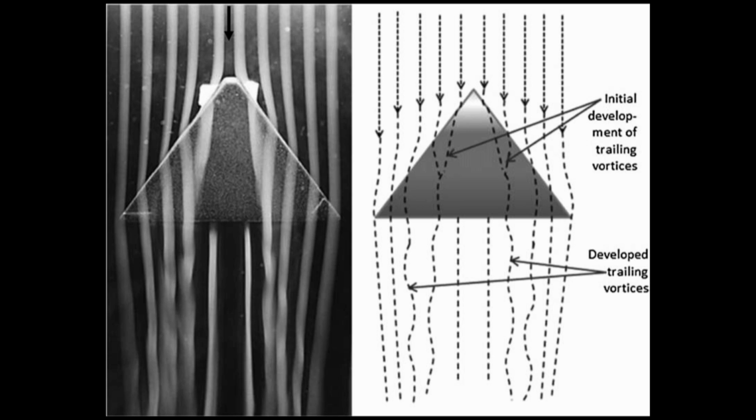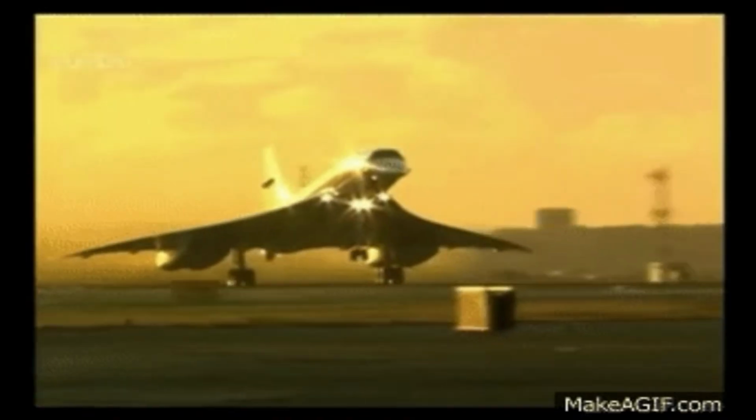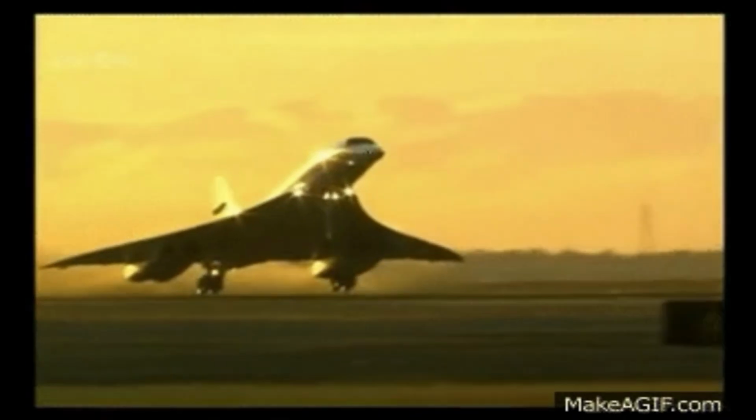It can be inferred that lift and drag are also reduced based on the formula of the coefficients. One example would be the Concorde, a commercial supersonic aircraft. Its ogival wings create large turbulence on the top of the wing at low speeds, creating a large pressure difference sufficient to generate enough lift.